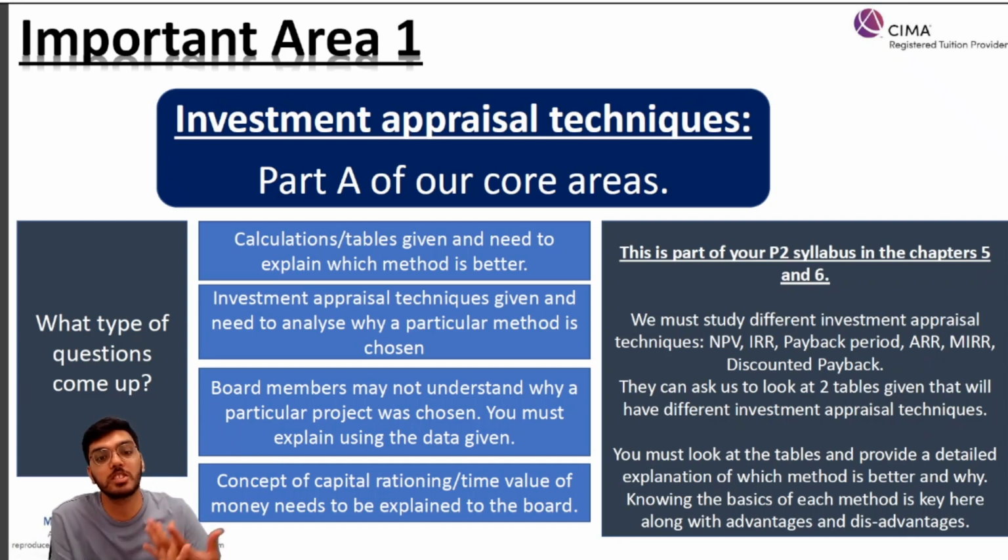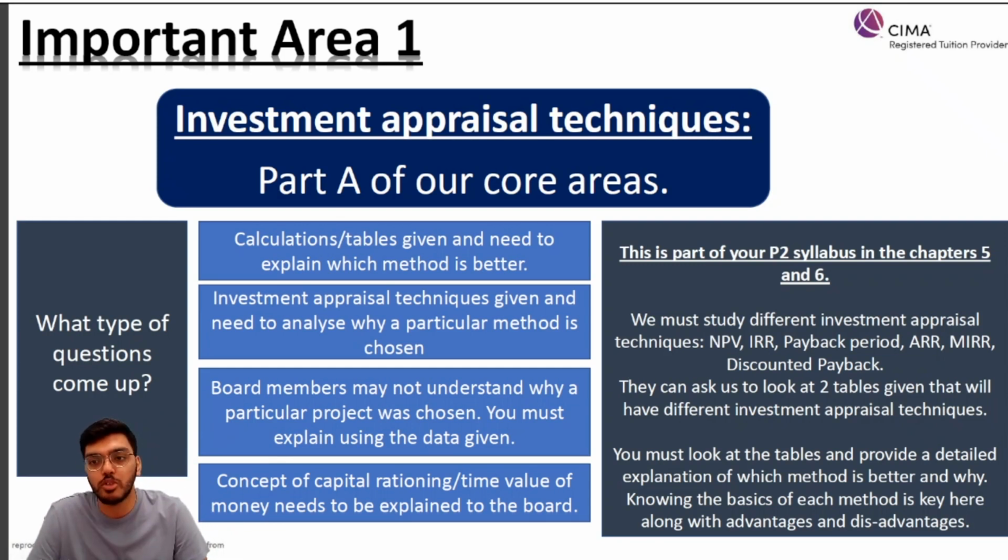You need to explain it to the board of directors in simple, easy words because probably they don't understand these technical terms. So investment appraisal questions will revolve around analysis, will be about looking at the tables, the numbers, the methods chosen and explained in the question. You just have to pick it up and tell them why one method is better than the other.